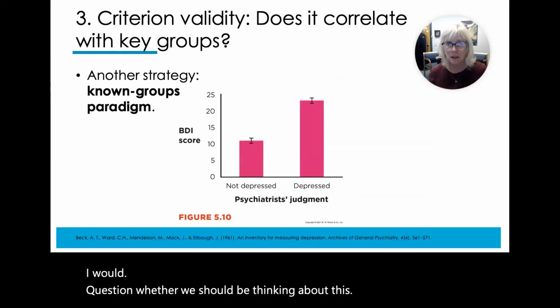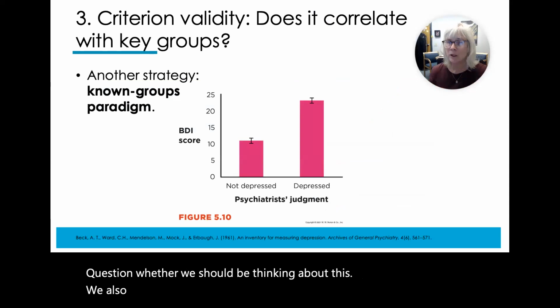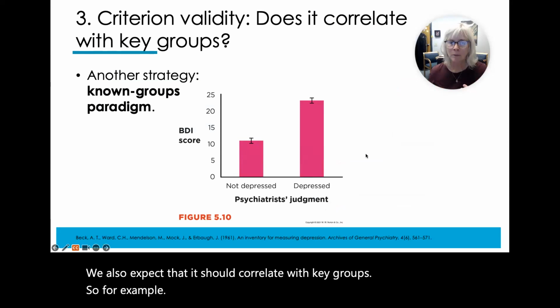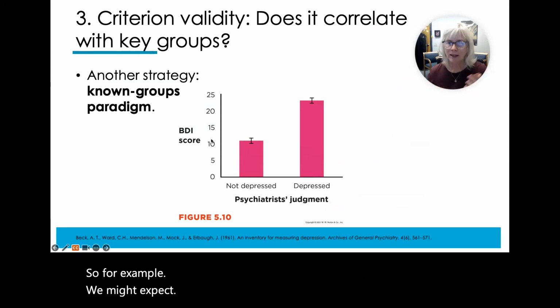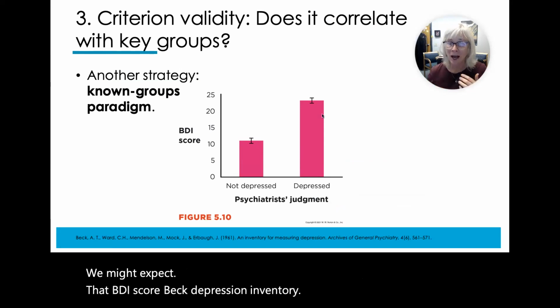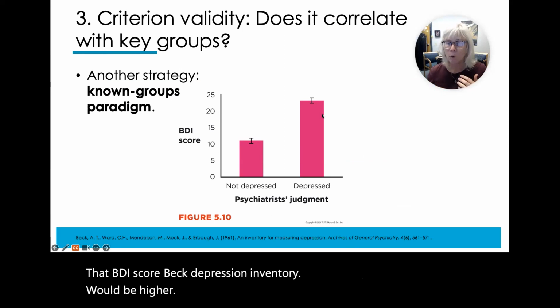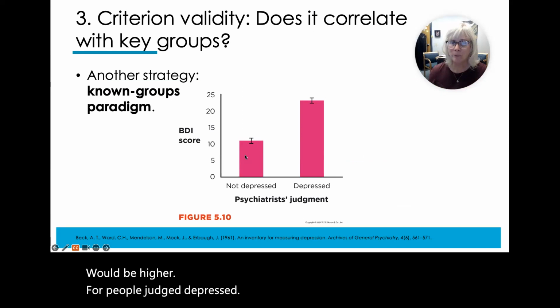We also expect that it should correlate with key groups. So for example, we might expect that BDI score, Beck Depression Inventory, would be higher for people judged depressed as opposed to people who aren't.